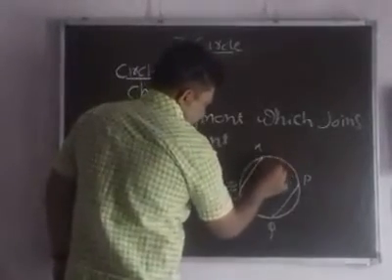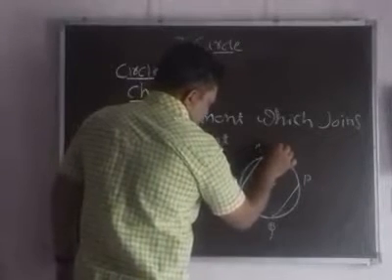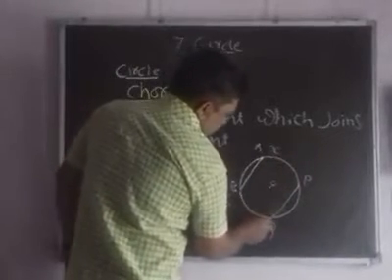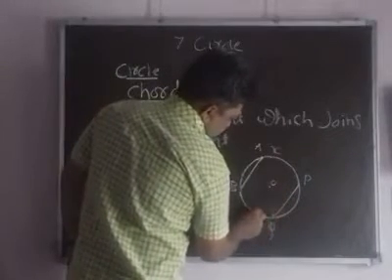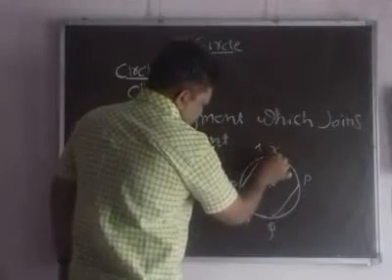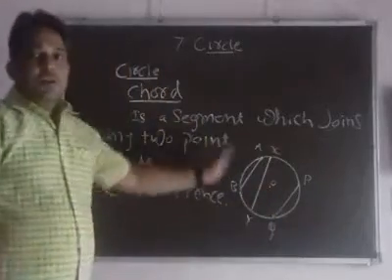Suppose here is a point X and here is a point Y. When I join this X and Y, this is also a chord.